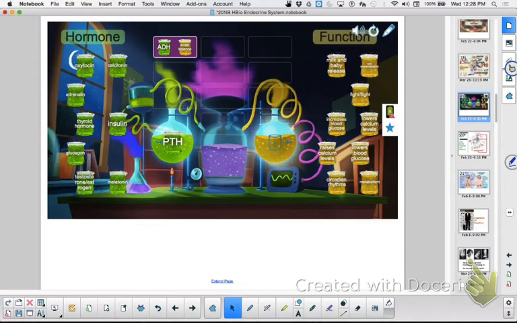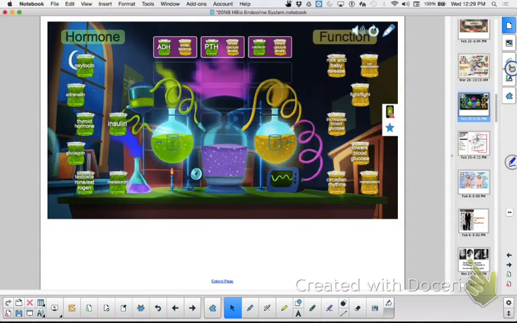Okay, so what do I want to do for parathyroid? Raises calcium. Good. Who is contrary to that? Calcitonin. Okay, so let's grab calcitonin. And what are we going to say for that one? Lowers. Calcitone it down.